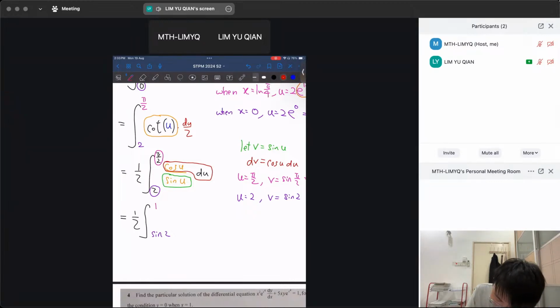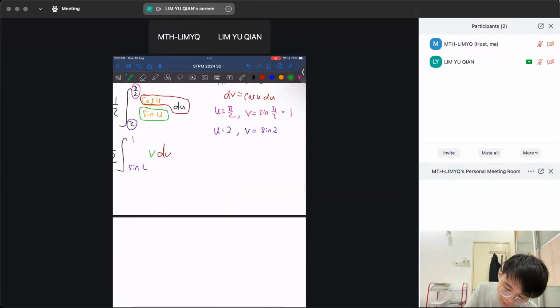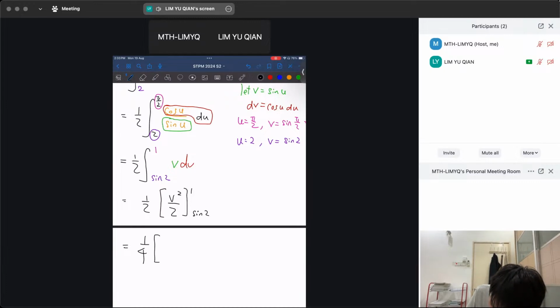So cos u du is dv, sine u is v. So v dv, that's easy already. Then integrate v is v square over 2, from sine 2 to 1, times 1 over 2, so 1 over 4 times v square only.